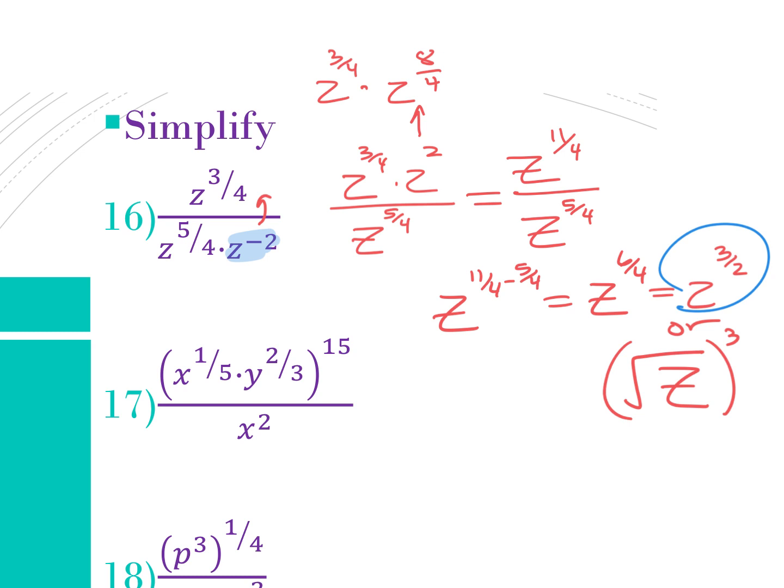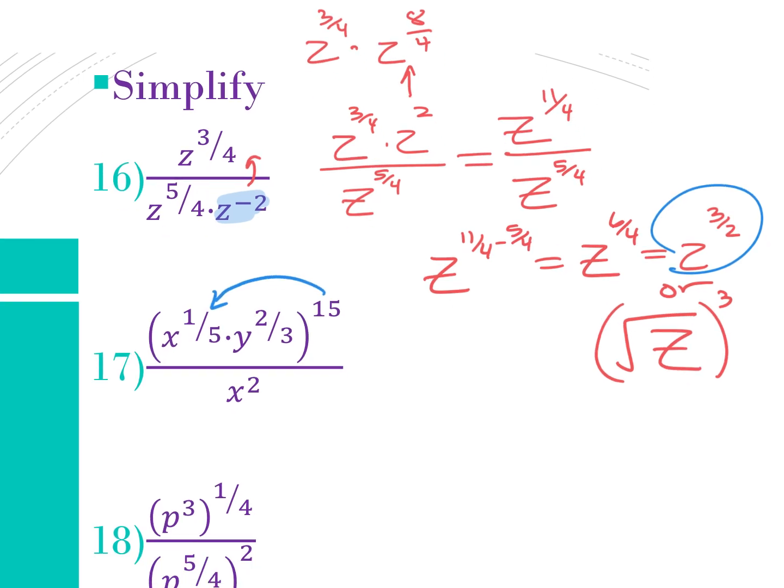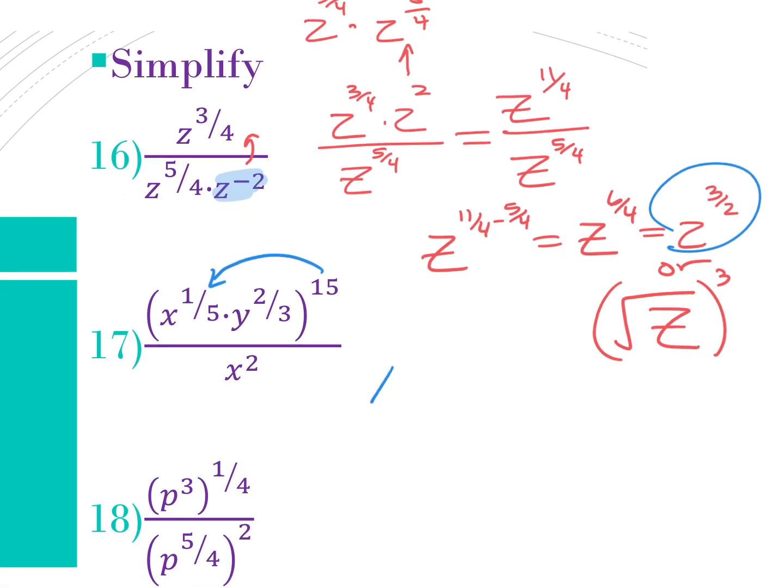For the next one, this power of 15 is only for the numerator. Remember, when you raise a power to a power, you're going to multiply. So I'm going to multiply 1/5 times the 15, and that's going to give me z to the 3rd. And then I'm going to multiply it here. So what I'm doing is 2/3 times 15 over 1.